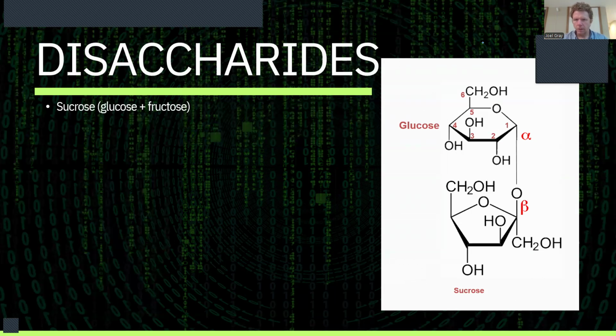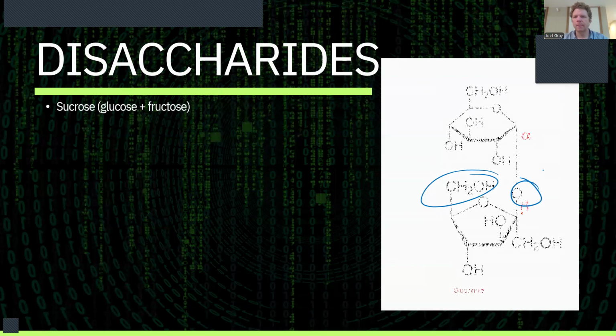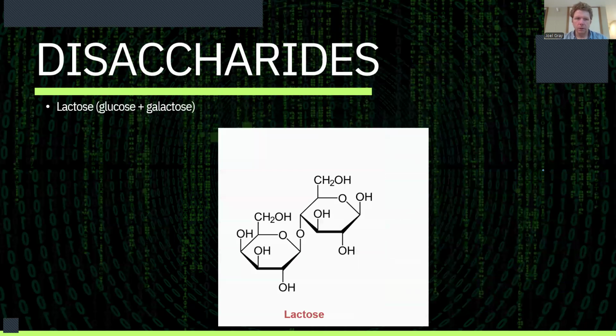And if you're thinking, well, what's changed? This carbon number 6 and this OH group are going in the same direction. They're both going up, as opposed to in this model where they're both going down. Still a beta designation. Then, let's see, lactose, glucose and galactose.